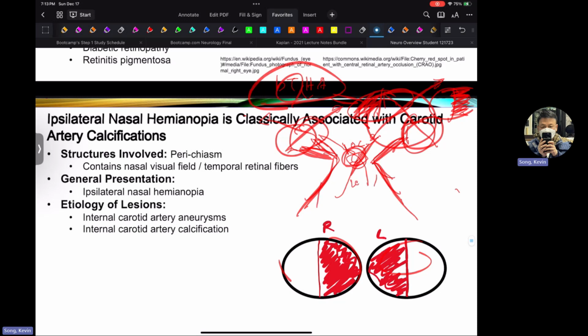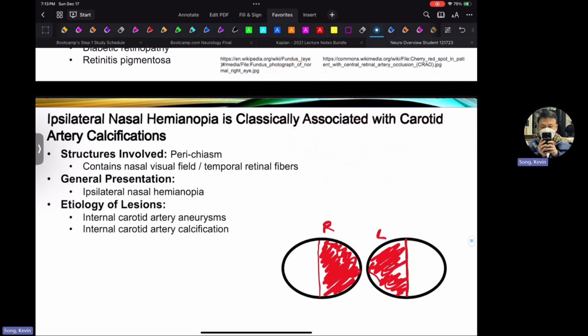This is not a very common condition, but if you have a perichiasm, like a blocking, what this means is that this is supposed to be like this, right? This is the optic chiasm, and if you have compression here and here at the same time, which will rarely happen.